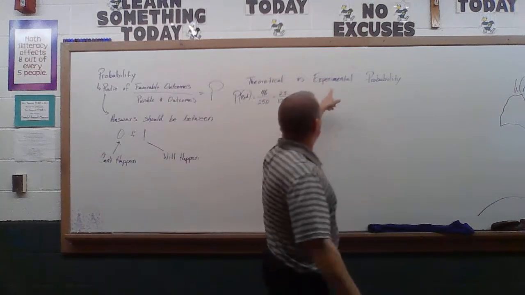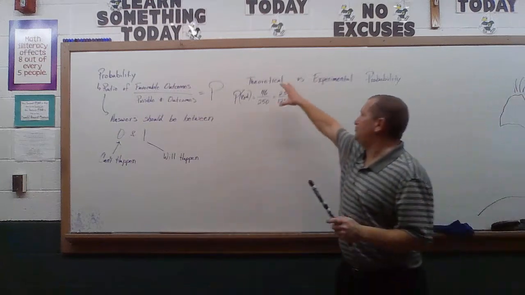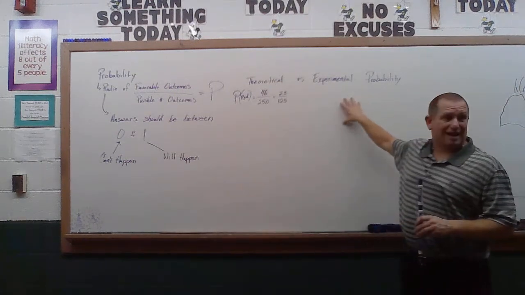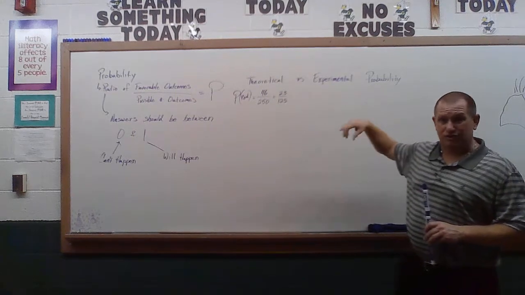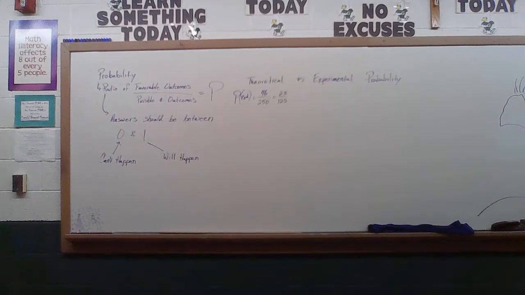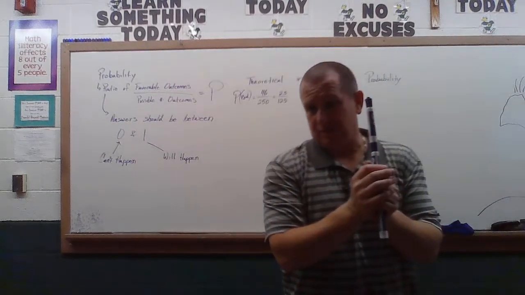So when you talk about experimental, you're talking about doing a simple theoretical probability of something, but a lot of number of times. And then you're actually trying to figure out the actual data from the entire experiment instead of just your one specific thing.